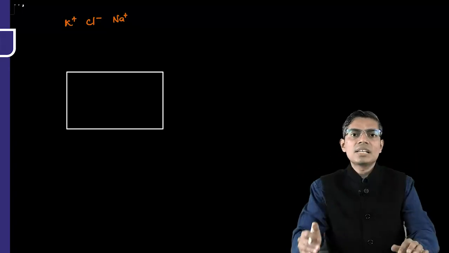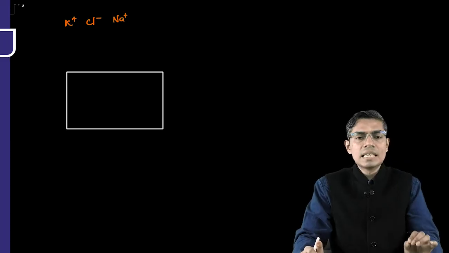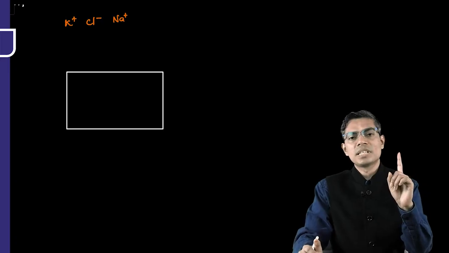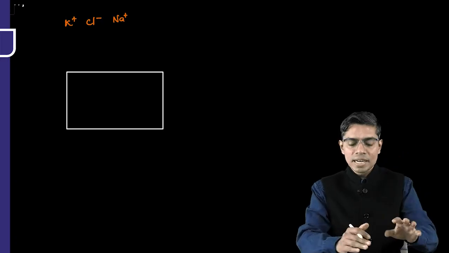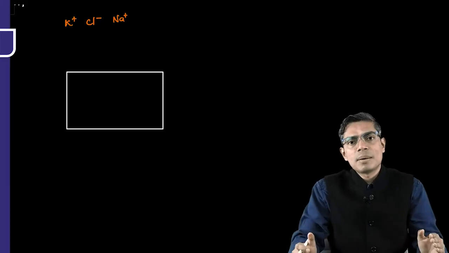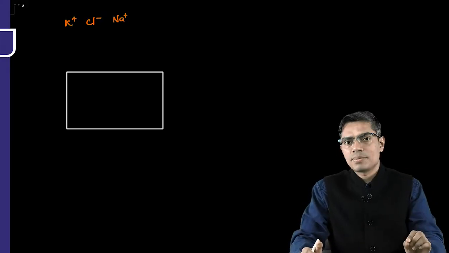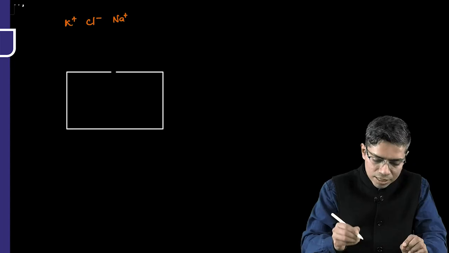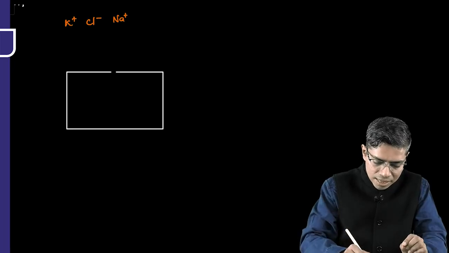But our understanding will be very easy if we assume that our mammalian cell contains only one type of leak channel, that is potassium. We'll understand later what will happen if all three are present, but first, look at the simplest form. So we are assuming that this cell contains only one leak channel, and that leak channel is the leak potassium channel.